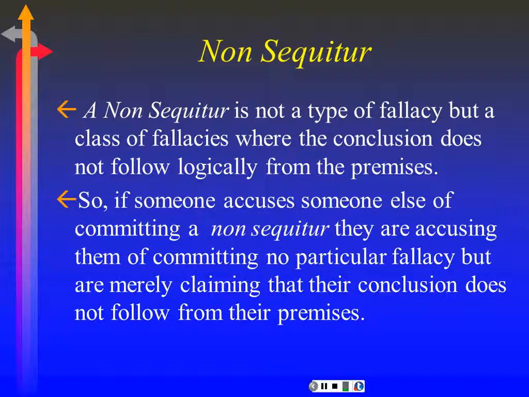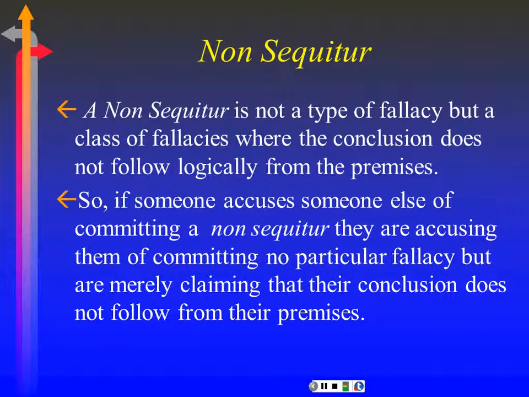At least they shouldn't be. But I'm merely claiming that their reasoning is fallacious in the sense that their conclusion does not follow logically from the premises. In other words, in many of these fallacies, the conclusion does not even follow in a probabilistic way, but it may look like it does.